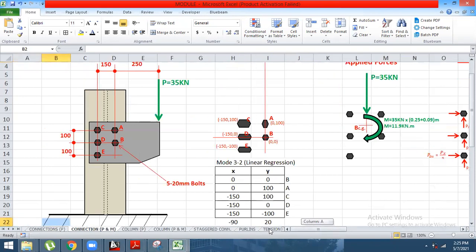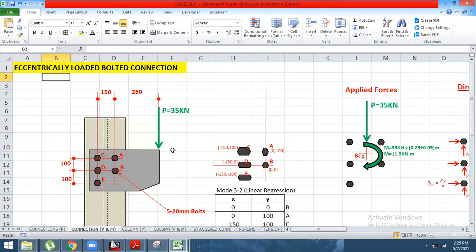So as you can see in the problem, we have 35 kilonewton on a steel bracket. This connection most commonly can be seen in warehouse design wherein there is a bracket and there is a beam, tapos doon sa beam na yun papagapangin nyo yung inyong gantry, yung inyong cranes, yung crane na magbubuhat ng mga equipments from one point to another.